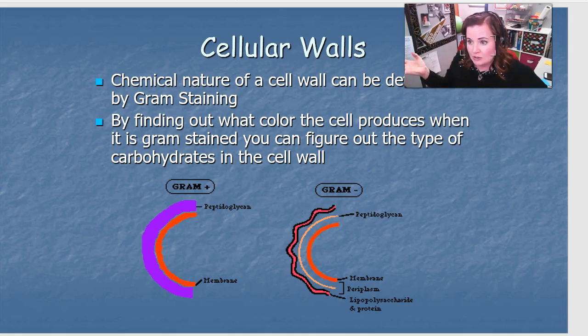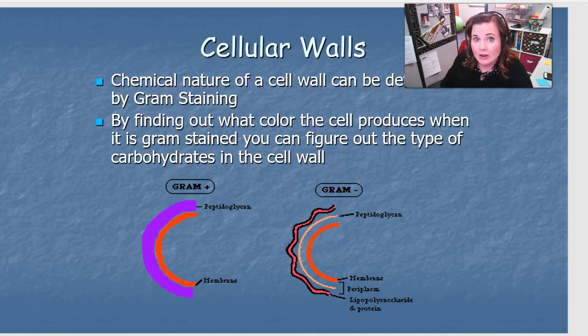The big difference between them, or how you identify them, is you do something called a gram stain, which is a type of technique where you take all these different dyes and stains and you put it on your sample of bacteria. And if it's a gram-positive, the bacteria turns purple, and if it's gram-negative, it doesn't. And that distinguishes between a gram-positive and a gram-negative.